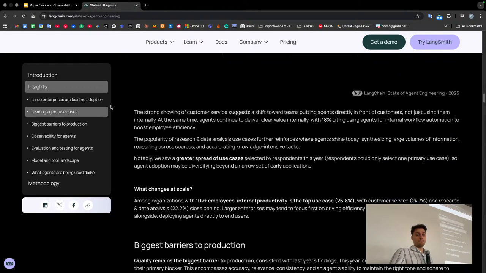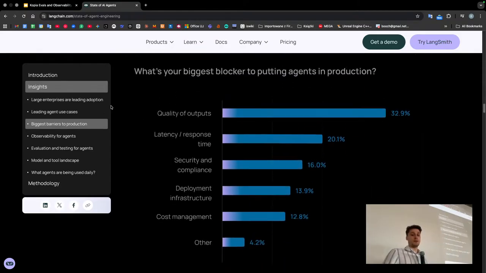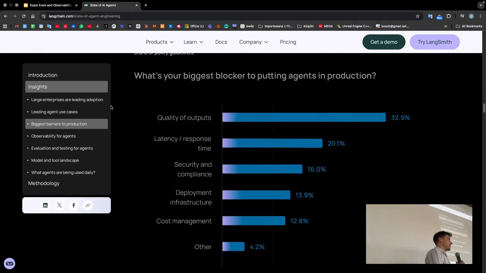And the biggest barrier is also really important, because we can see what the main problem is when you go into production. First of all, the quality of outputs. I don't know, guys, what do you think? Which one is the biggest issue you see in production? Which one do you choose?